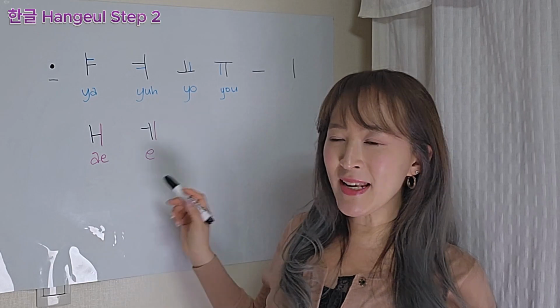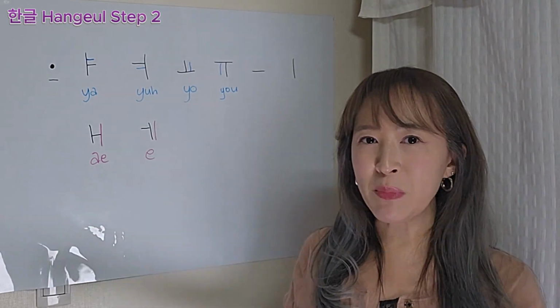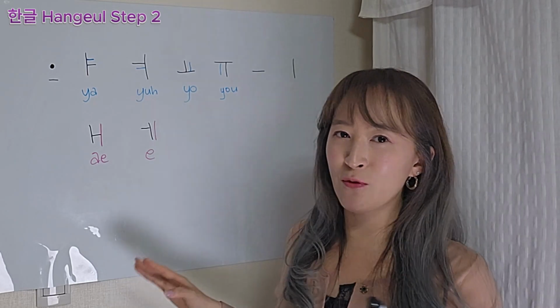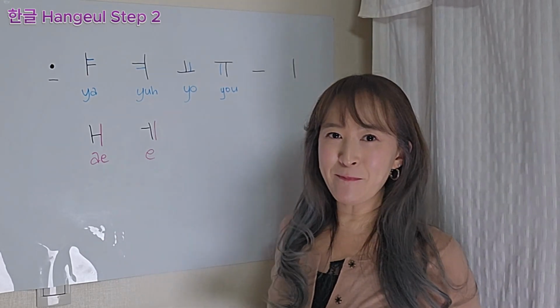So when you're writing them, you have to differentiate this and this. But when you're speaking, you don't have to worry about differentiating these two. Okay, so this A and A.